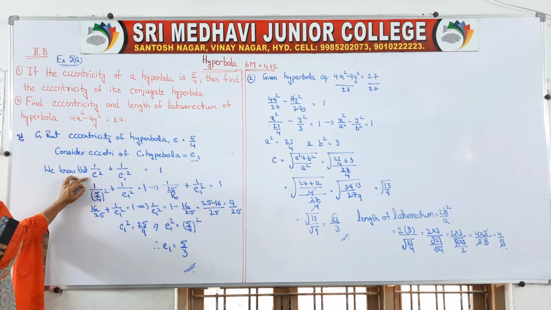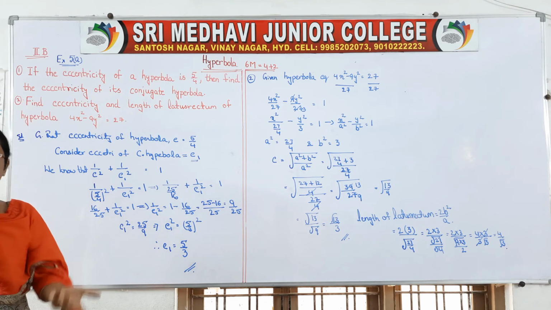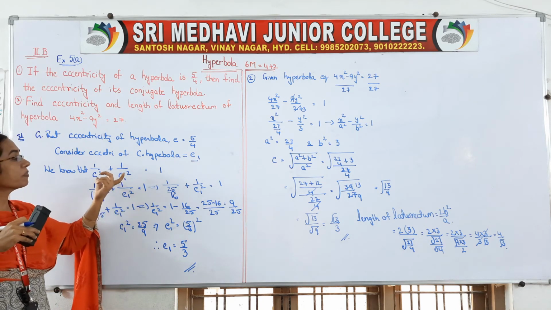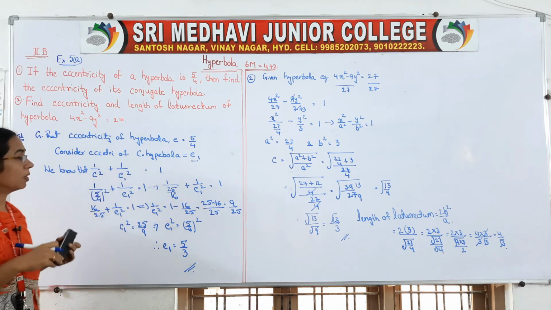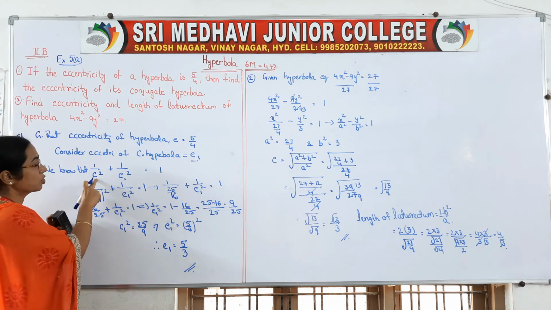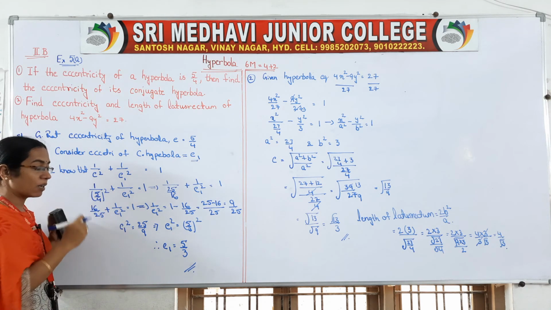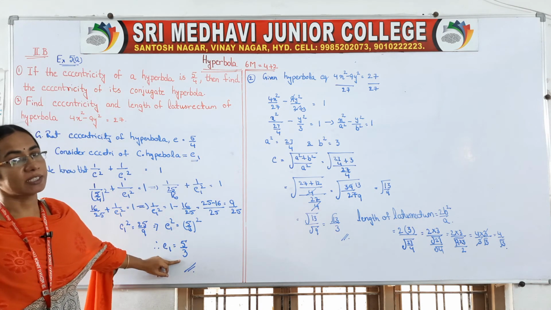So now we can consider that as a formula and use that derived formula as the solution for this problem. Here we substitute 5 by 4, which is given to us, in place of e, and we got our e1 value. e1 is equal to 5 by 3.